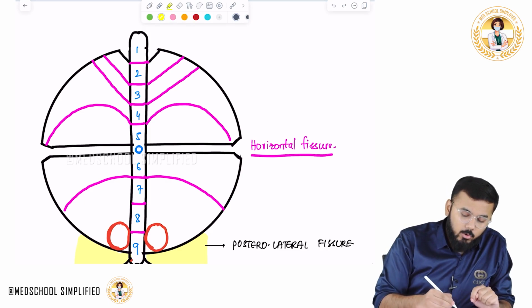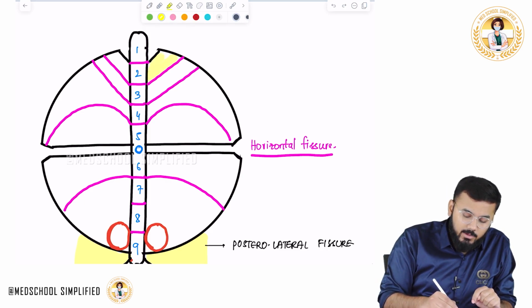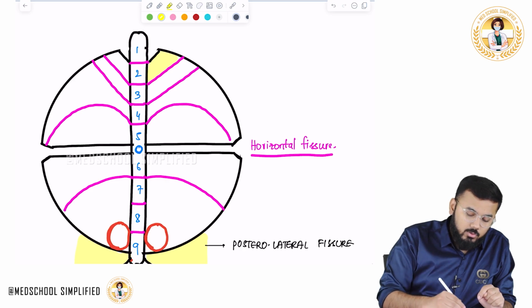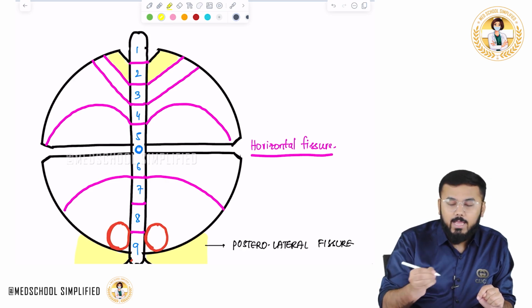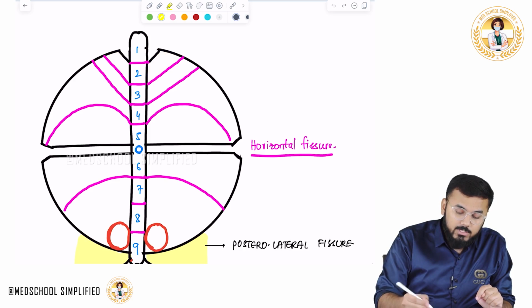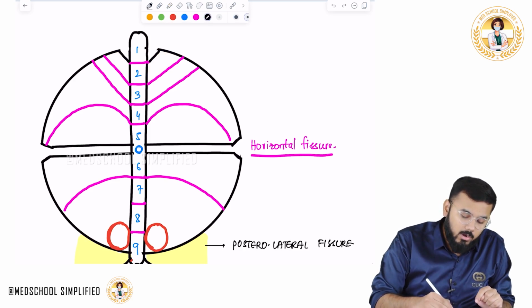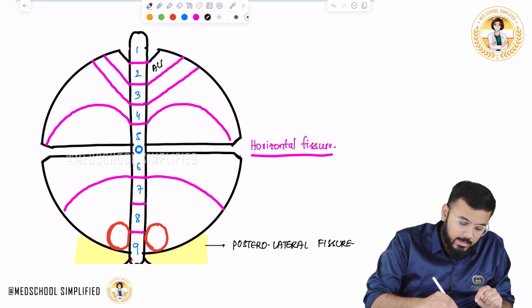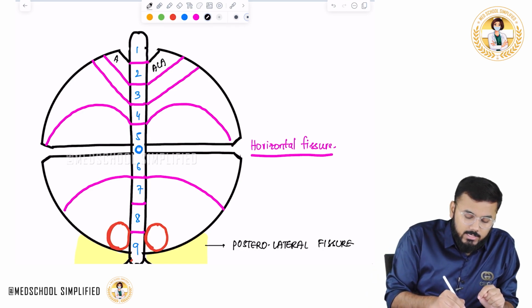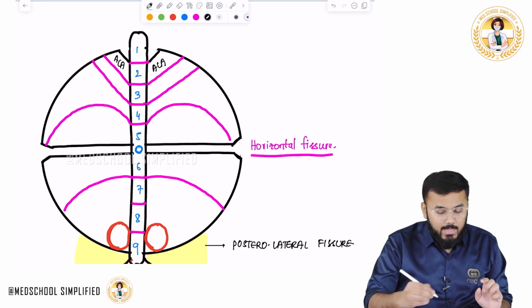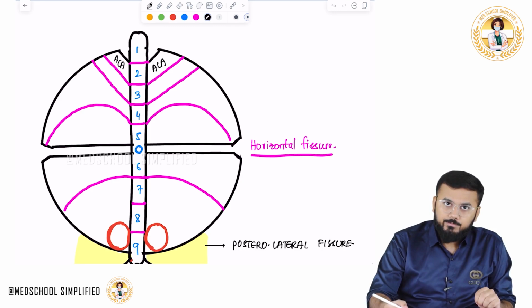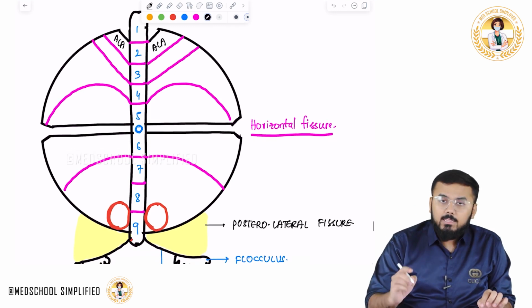See this yellow shading I am giving here. This is another lobule present on either side. What is the name of this lobule? These two are called ala, A-L-A. Ala of what? Ala of the cerebellar hemispheres. Next, accompanying the third lobule.